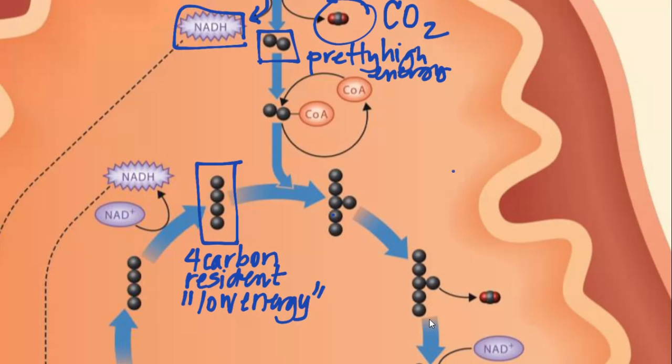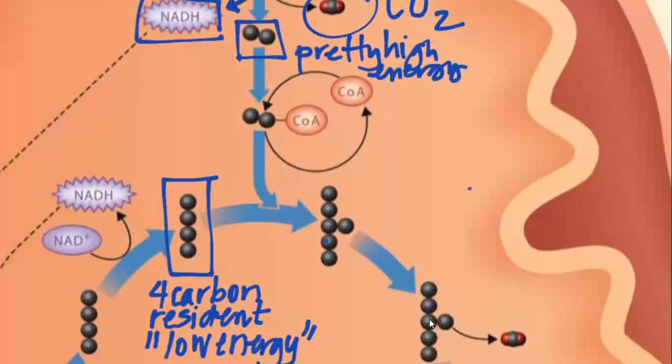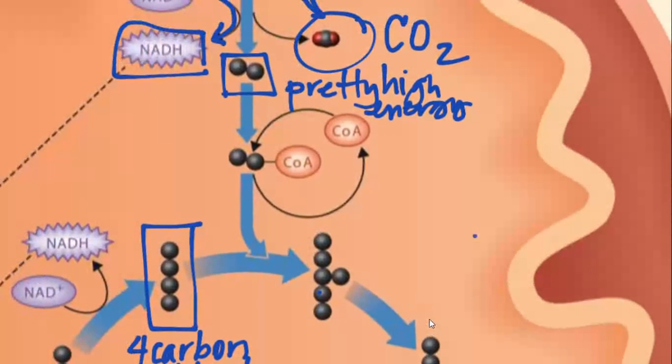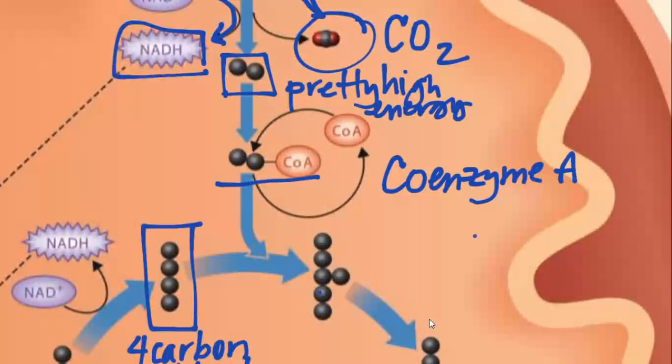So in order to make that reaction happen a little more easily, an interesting thing happens. It attaches to the 2-carbon molecule an additional little molecule called coenzyme A, abbreviated as CoA.